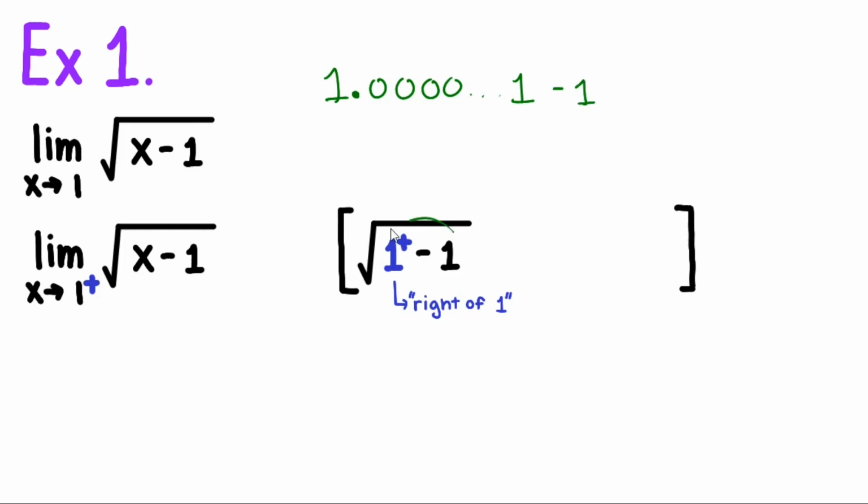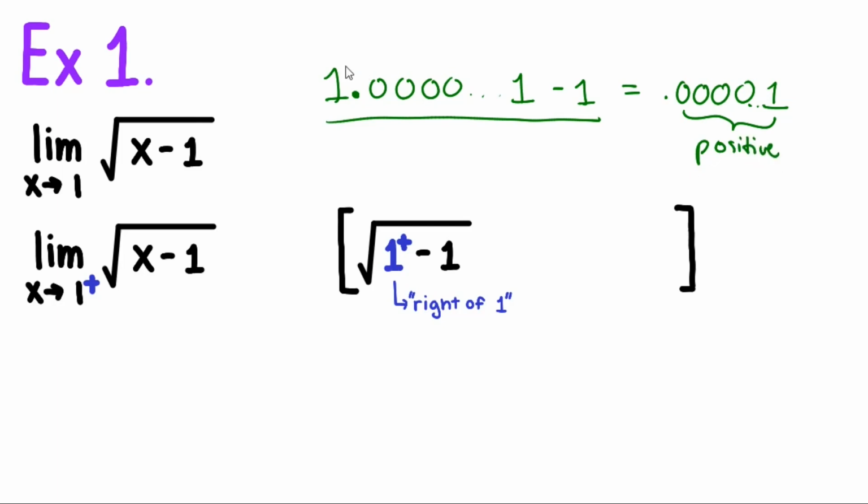So we're trying to illustrate this idea out here. Then we know that the value would be something very close to 0. But the important thing to note here is that when we subtract these two, the outcome is positive, since this value out here is greater than this one out here.